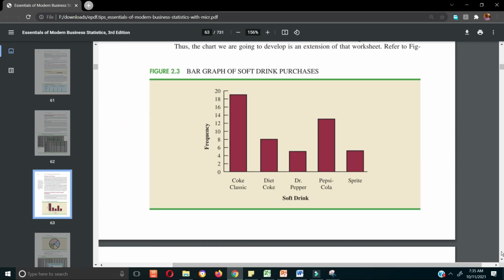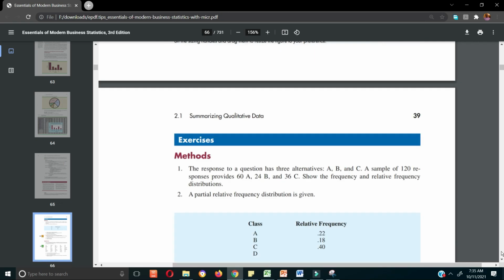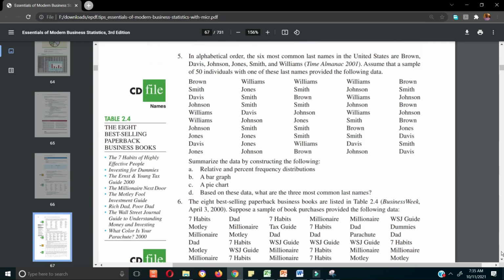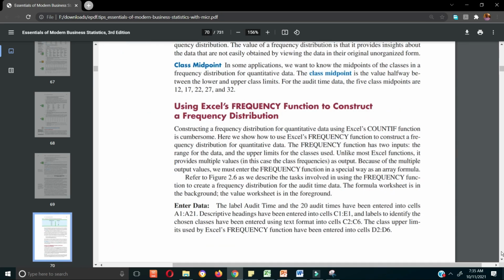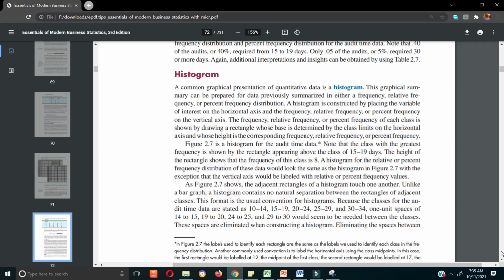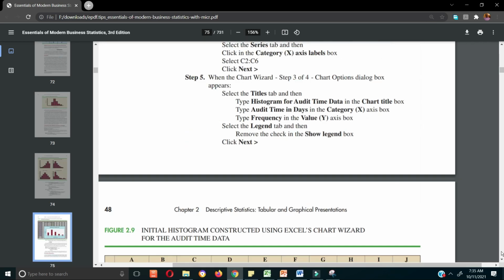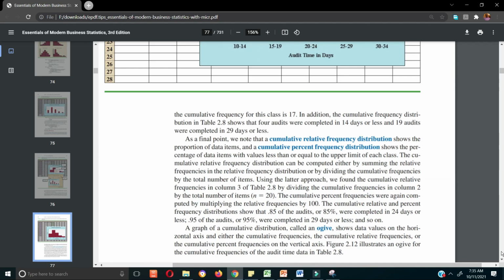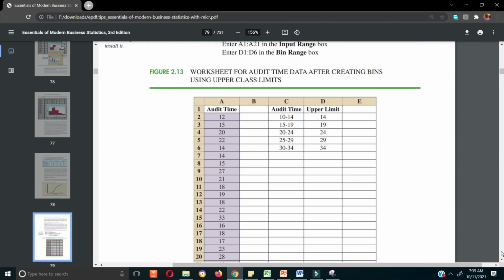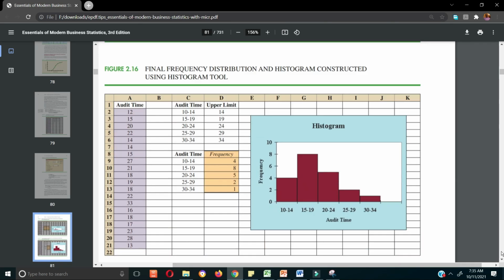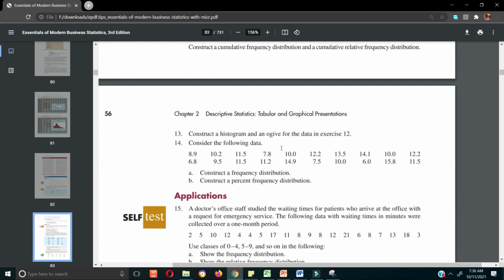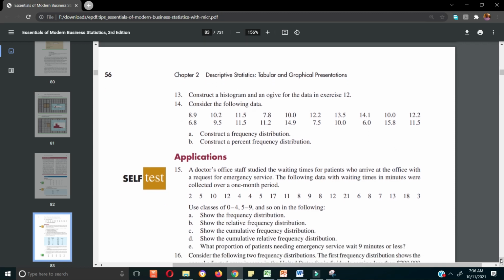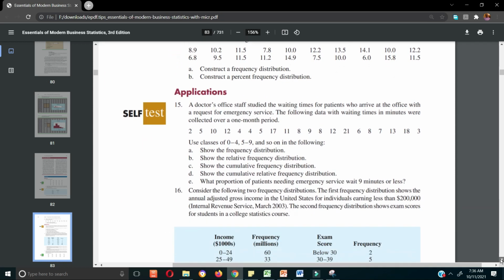So I get this from the exercises, yeah. So we have a frequency distribution. So I'm just confirming the data. So it is an 8.7.5.